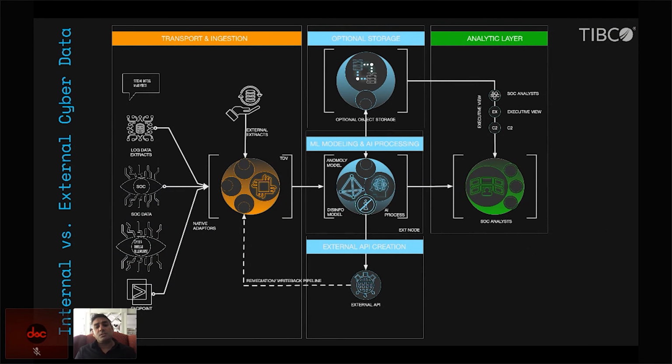And I thought I'd just go ahead and toss in a diagram. From here, what we see is SOC data coming in, from the Security Operations Center. They're bringing in log data extracts, or threat telemetry. You potentially may even be bringing in social media analytics. As that data starts to come in, we aggregate it, we normalize it, and we bring it into the machine learning and AI processing suite.